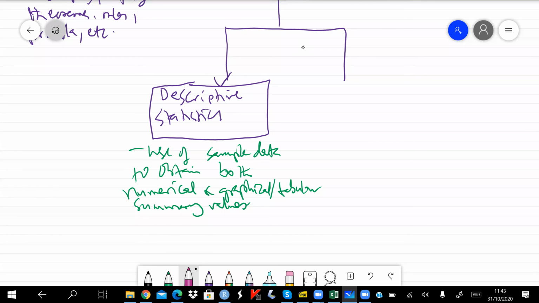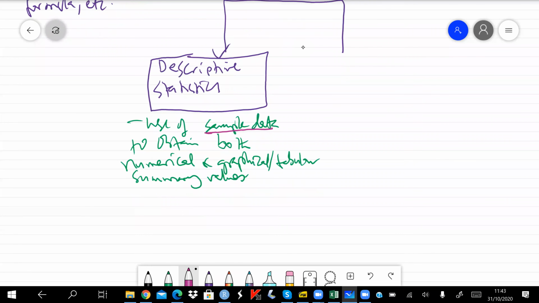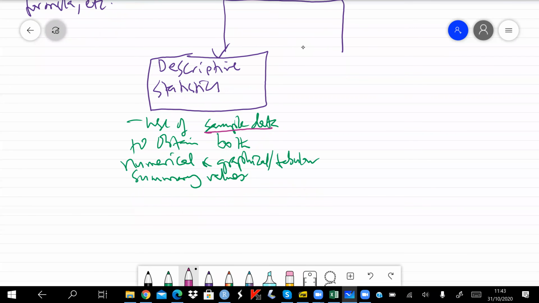So the key here is that we use sample information. I guess you know that a sample is a representative subset of the population, where the population is a complete set of all the elements of interest in a given statistical inquiry. Here this is presented in several ways. Graphically, we talk about the graphical presentation of data.